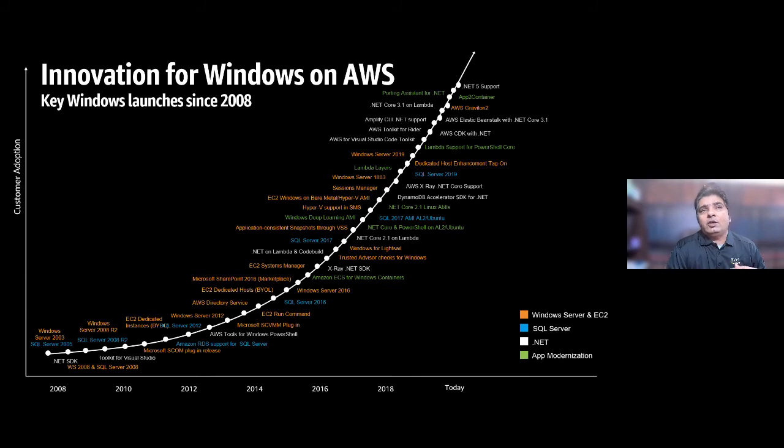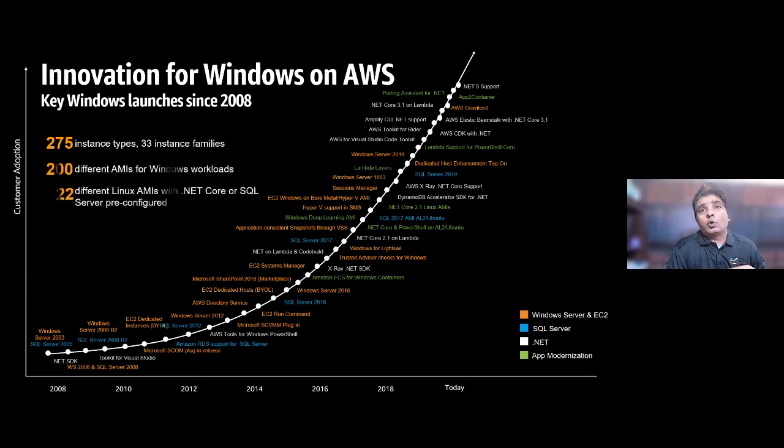Since then, we launched 275 instance types with 200 different AMIs for Windows, so that our customers can choose the one which fits best for their business needs. Last year alone, we launched around 69 new features for Windows workloads. You can see AWS is innovating at an unprecedented rate. So to us, innovation is the major factor for modernization.